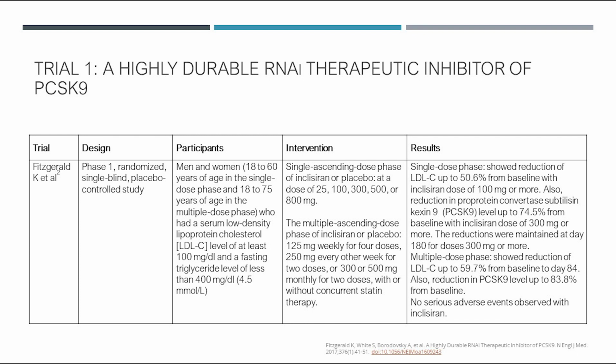These reductions were maintained at day 180 for doses of 300 milligrams or more. In the multiple dose phase, there was a reduction of LDL up to 59.7% from baseline to day 84. There was also a reduction in PCSK9 level up to 83.8% from baseline. In this study, there were no reports of serious adverse events.